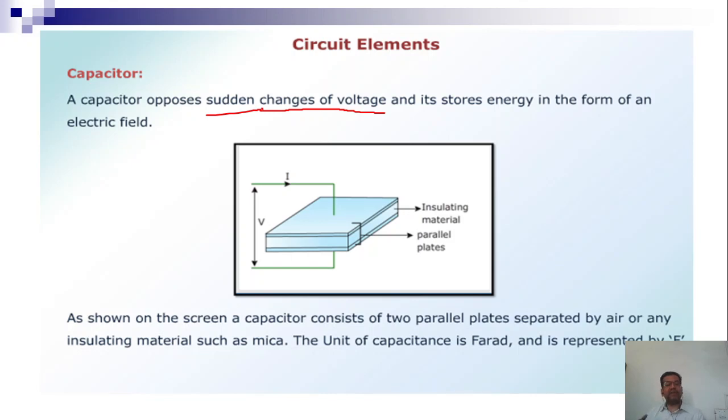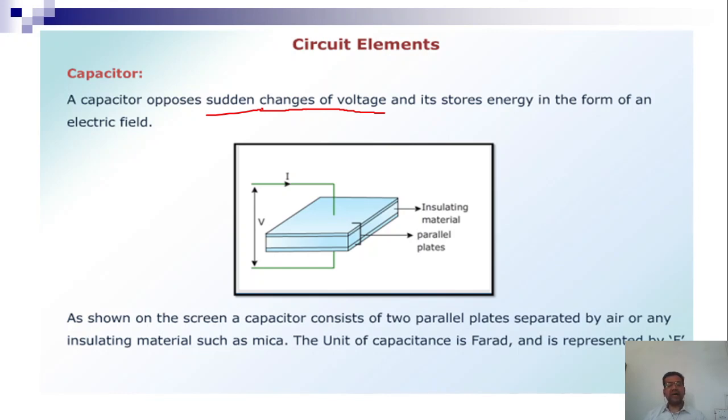Coming to the capacitor. What is a capacitor? Two conducting parallel plates separated by a dielectric medium is called a capacitor. The energy stored in the capacitor is called electrostatic energy.